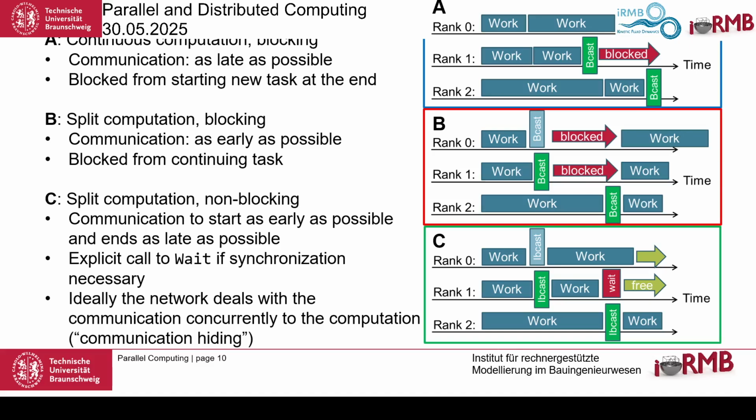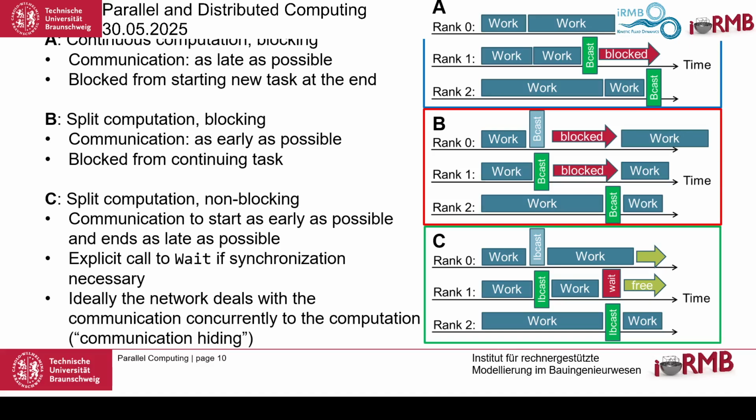So now if you do something like this, then you have an iterative process. So what you basically do, you do the calculation, then you do the communication, and then calculation goes on, because you will have another time of communication. So this brings us directly to the concept of communication hiding.